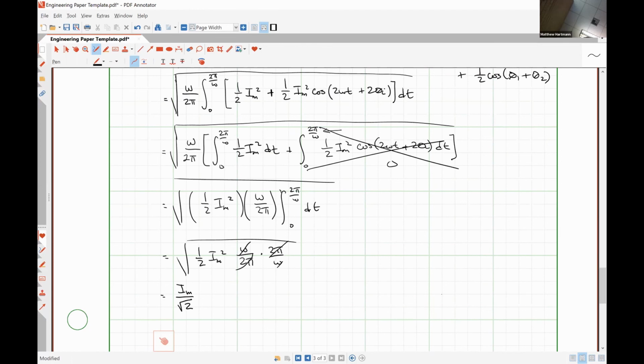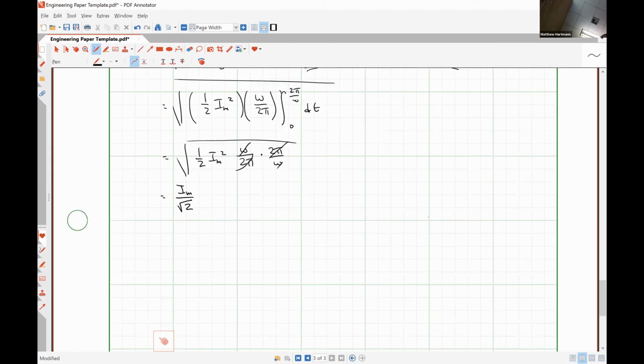So we have 5-ish minutes, so I'm going to introduce one very last extraordinarily simple concept, okay? And that is the RMS phasor, because we're going to be using RMS phasors a lot in the coming several classes. So if we have a time domain voltage, v of t, is equal to Vm cosine omega t plus theta v.